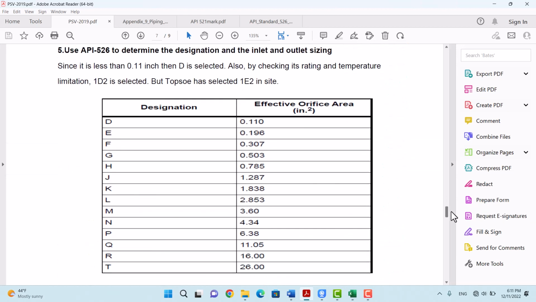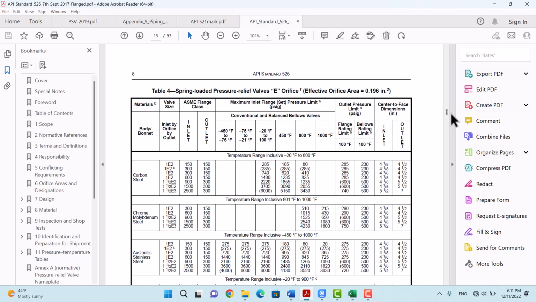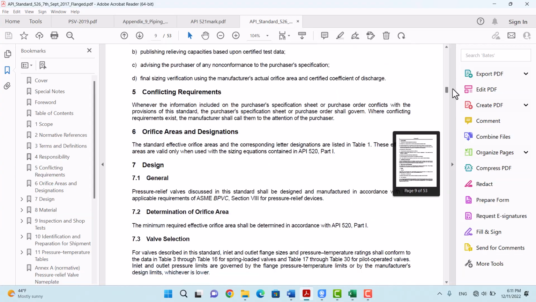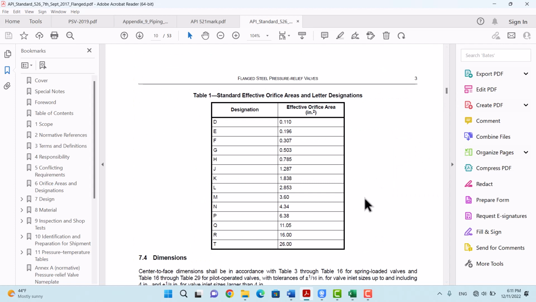In API 520, use it to determine the designation and the inlet and outlet sizings. In API 526, there are these important tables of effective orifice areas. For different effective areas, a designation is allocated. For instance, for 0.11 square inches, the D designation is allocated.